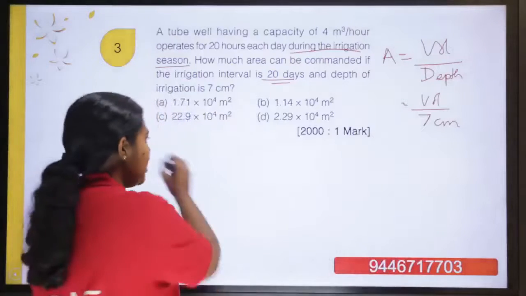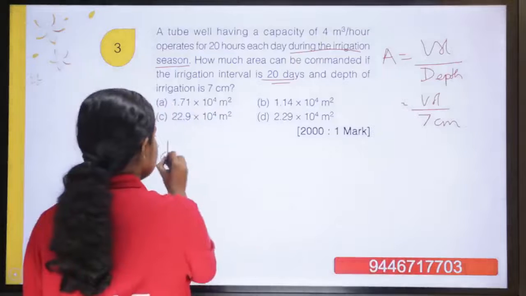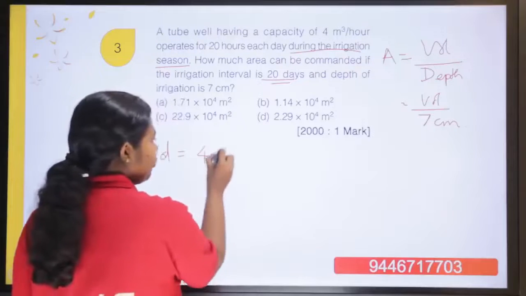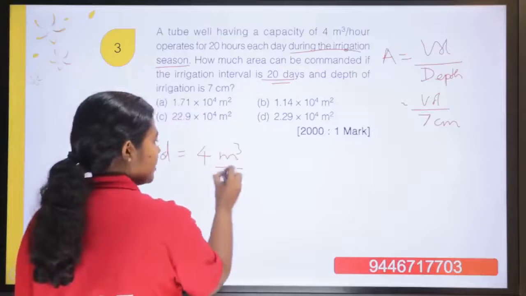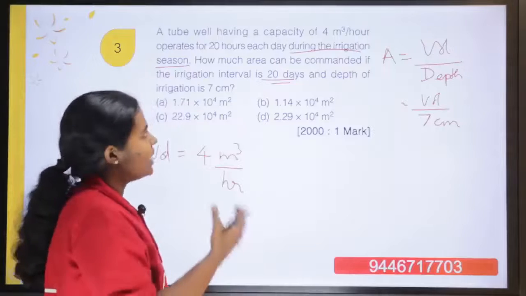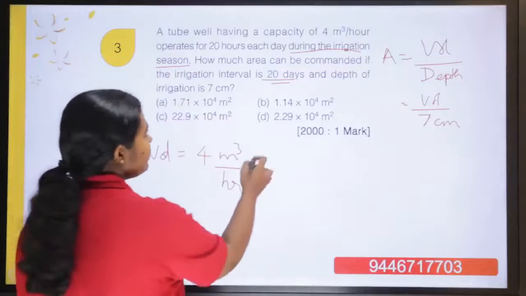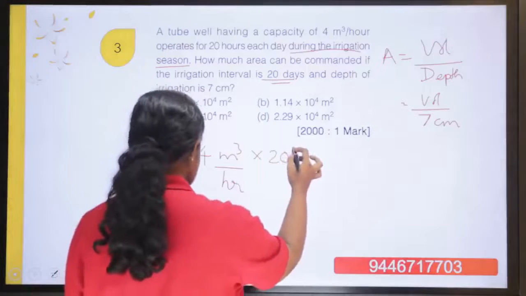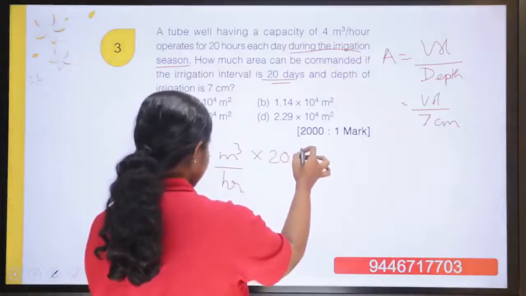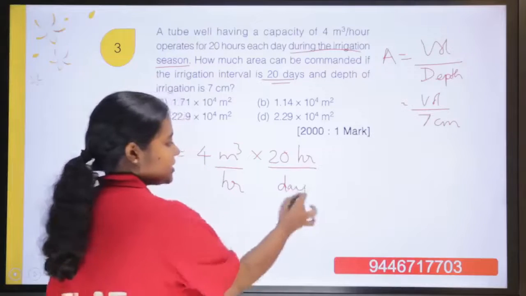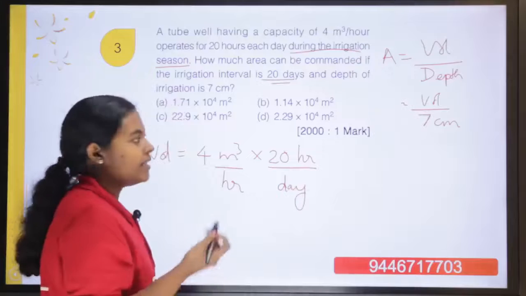It is given that the tube well has a capacity of 4 meter cube per hour, which is the capacity of the tube well. Now, that tube well is operating for 20 hours per day.